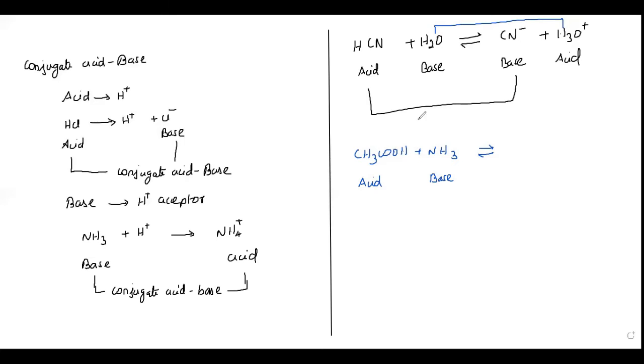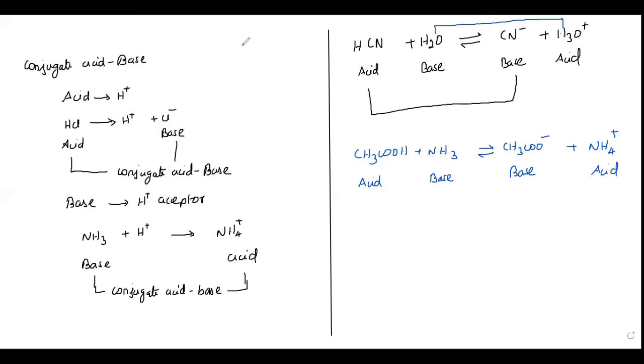As per this concept, acid will donate H plus. So CH3COO minus is what is left after donating H plus. Base will accept H plus. After accepting H plus, it will become NH4 plus. So CH3COOH is acid. After donating H plus, what is left is base. Base accepting H plus will become acid.